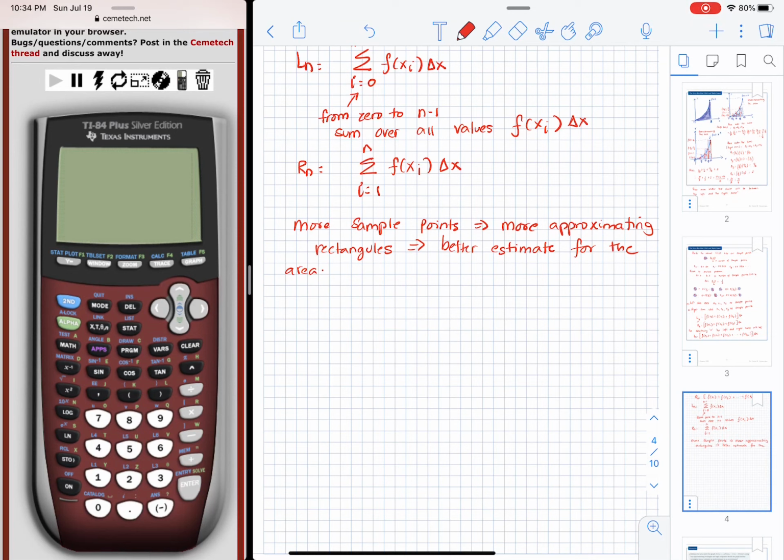So if we had infinitely many rectangles, what we say is the limit as n approaches infinity of the left sum and the limit as n approaches infinity of the right sum would approach A, and A is the true area under the curve.